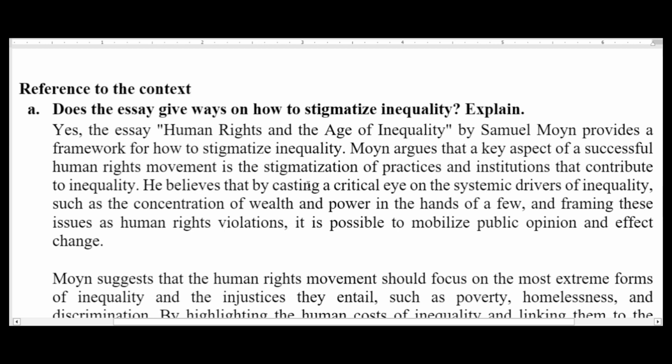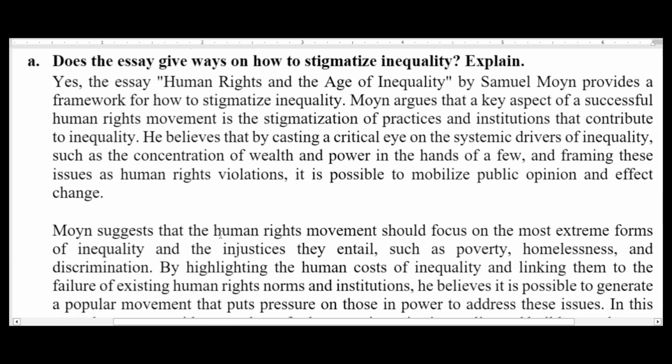He believes that by casting a critical eye on the systematic drivers of inequality, such as the concentration of wealth and power in the hands of a few, and by framing these issues as human rights violations, it is possible to mobilize public opinion and effect change.